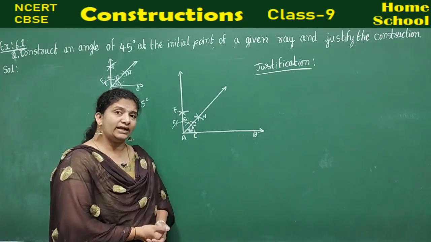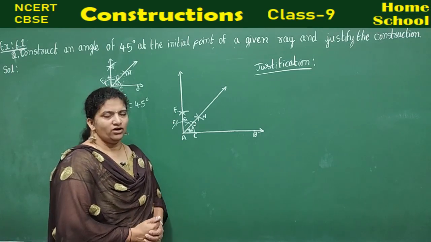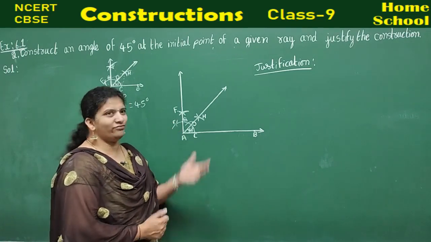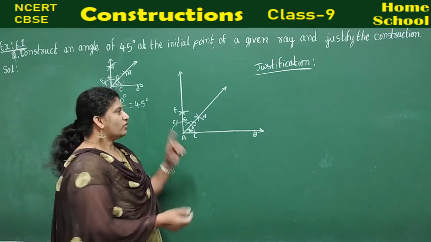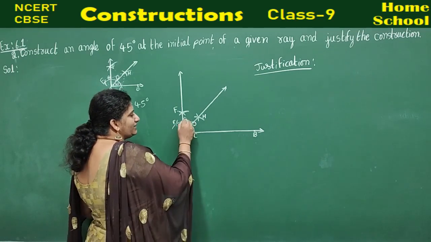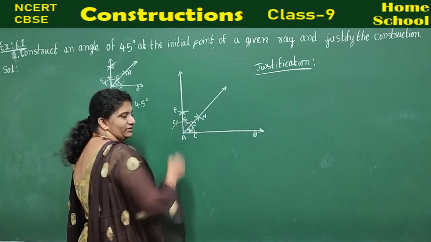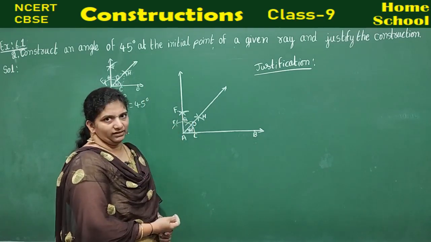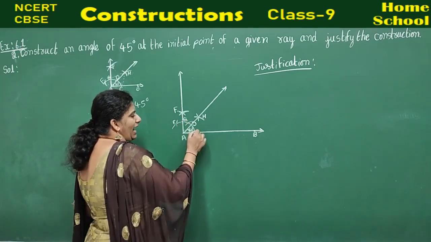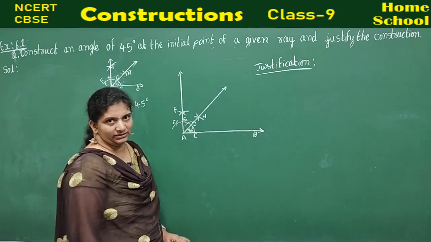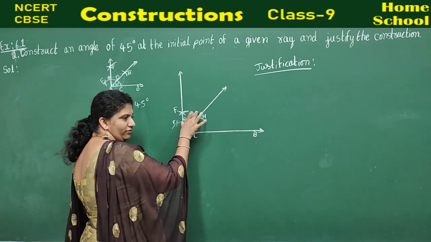I need to create an angle of 45 degrees. 45 degrees means half of 90, right? So again, where this arc touches the point on the perpendicular, that point and this point, you consider more than half.